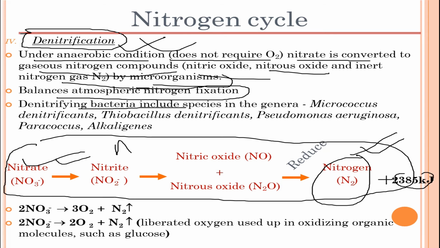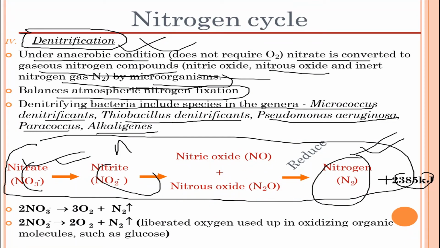And denitrifying bacteria include species in the genera of Micrococcus denitrificans, Thiobacillus denitrificans, Pseudomonas aeruginosa, Paracoccus and Alcaligenes. Alright, so this nitrate first gets reduced to nitrite, and this nitrite can be reduced to nitric oxide or nitrous oxide, which then gets reduced to nitrogen with the release of lots of energy.